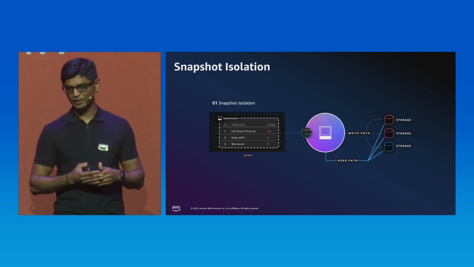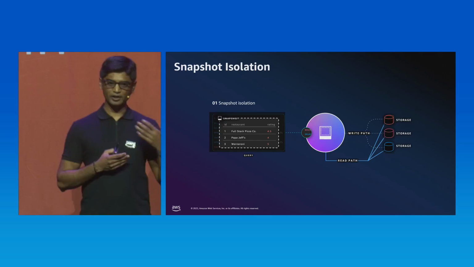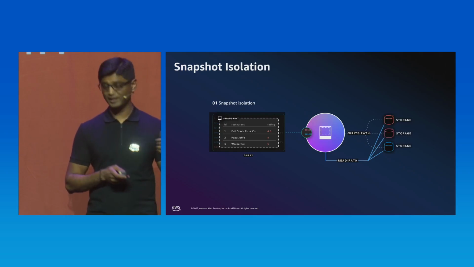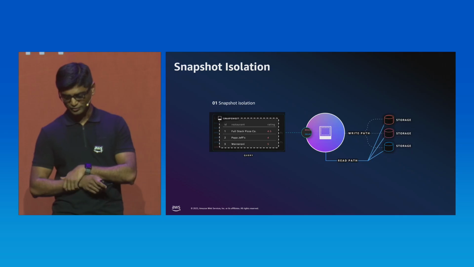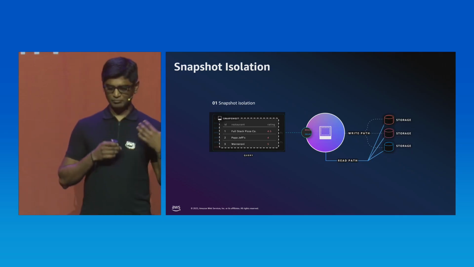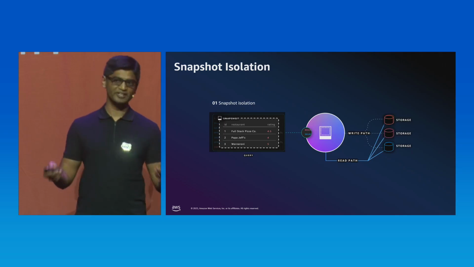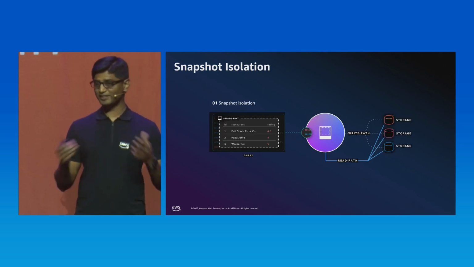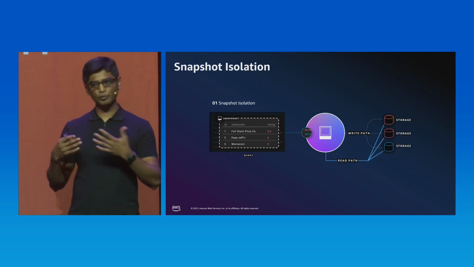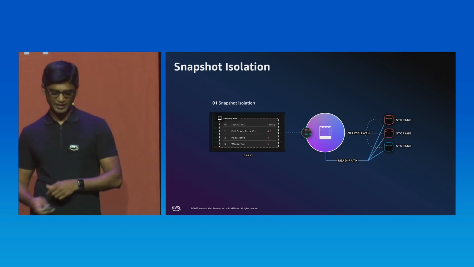Data that is uncommitted, it won't even see. It only sees whatever data was committed before the start of the transaction. So you always see consistent data, and you won't see any uncommitted changes. Also, within the transaction, if you're making a lot of changes, you can read and use those until your transaction gets committed.